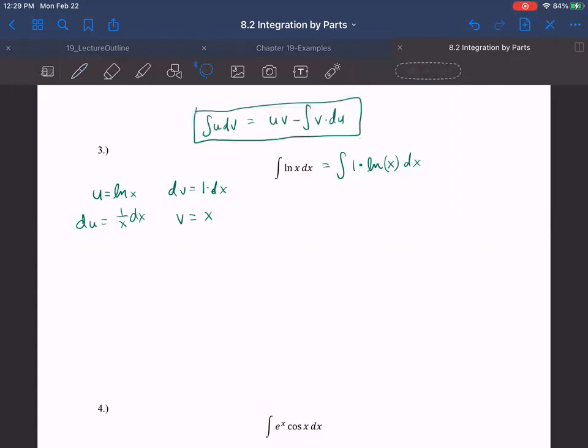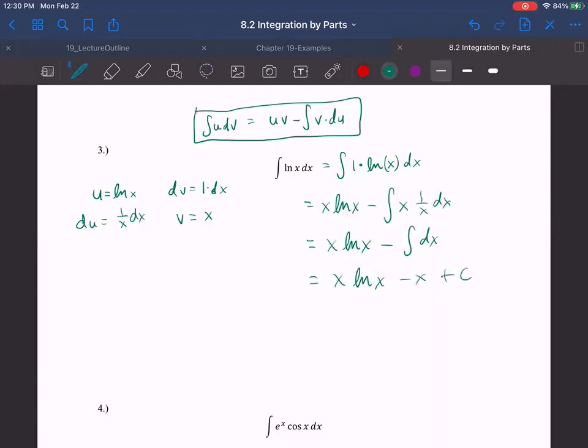We're going to end up with x ln x minus integral x times 1 over x dx. So x ln x minus integral dx. X ln x minus x plus c.